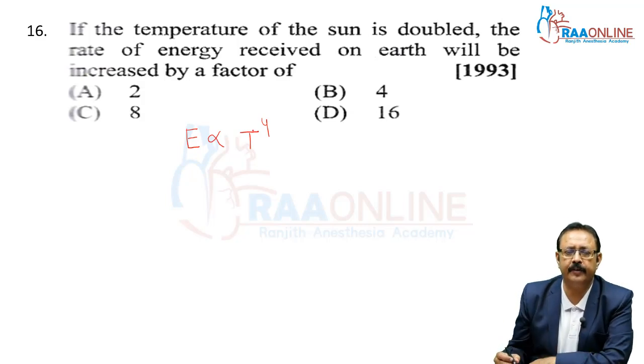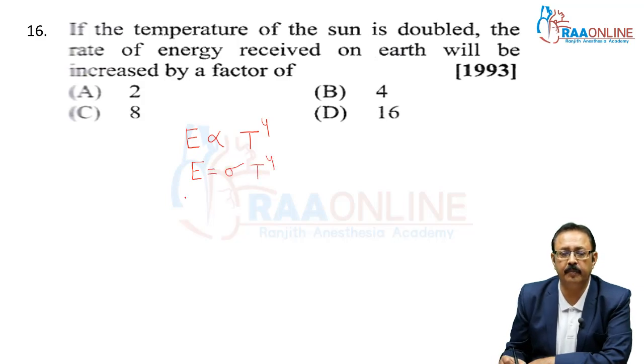If initially it was E, and the proportionality constant, we know that sigma. Now you are making the temperature double, means T you are making 2T.